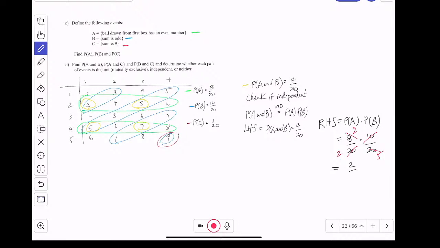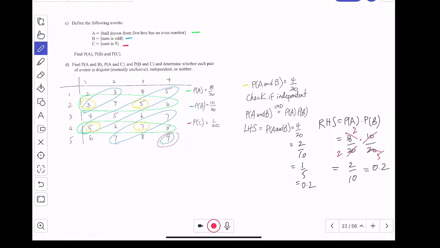Did I do something wrong? A is 8 out of 20, 10 out of 20, 2, 2, 2 out of 10. No, that's correct. So isn't this also 2 out of 10? Or 1.5 or 0.2?